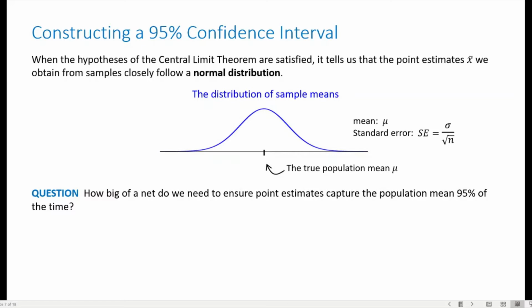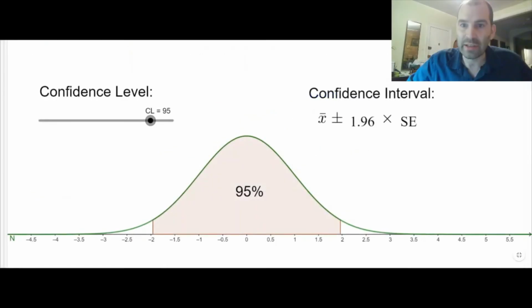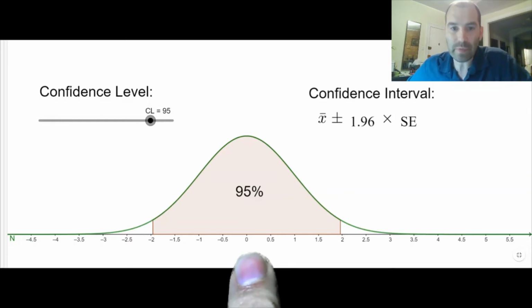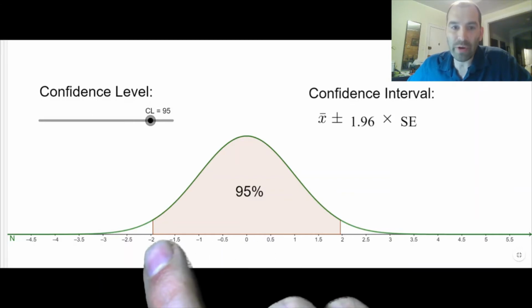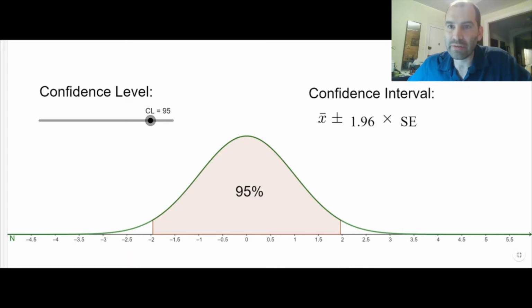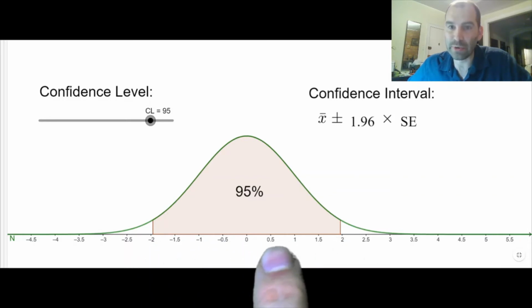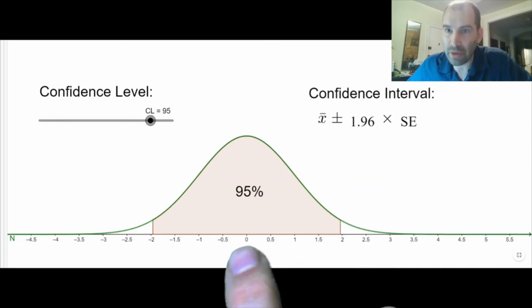So to get an idea about this, I have an example ready. Here I have the distribution that the sample means follow, a picture of the normal distribution. And what I've done is I've found where the middle 95% of that distribution lies. It falls between this value and this value. Now the values that you see on this axis are z-scores, so these are numbers of standard deviations or numbers of standard errors.